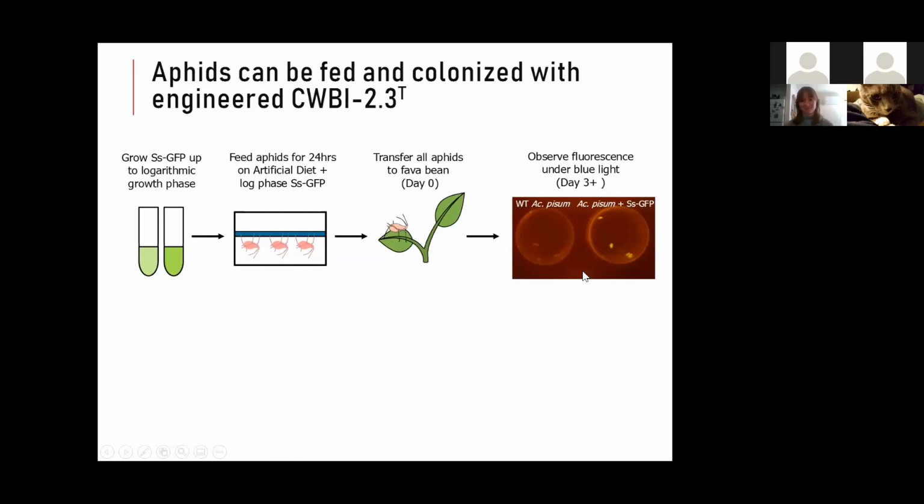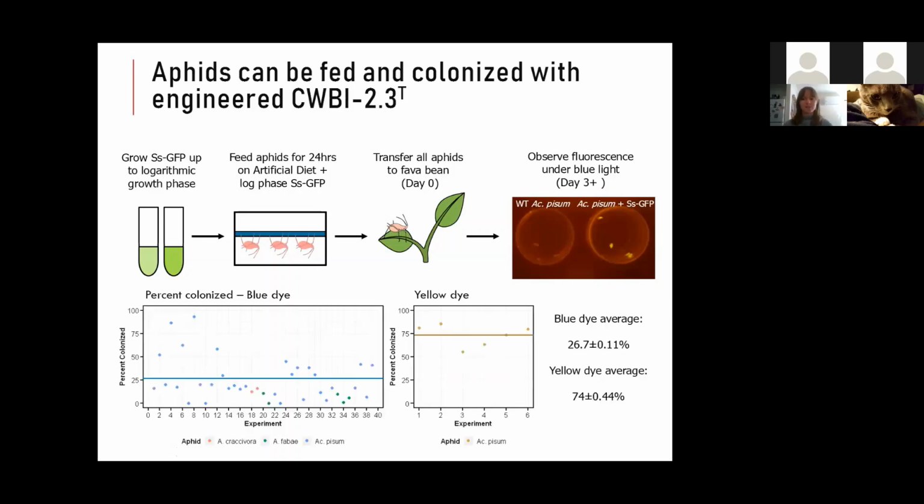We can feed this bacteria to the aphids, and we can easily see which ones are actually colonized with our engineered strain. So I've done a bit of optimization to this technique over time. Initially I was doing these experiments with blue food dye spiked into their diet, so that I could mark which aphids were actually feeding on the diet.